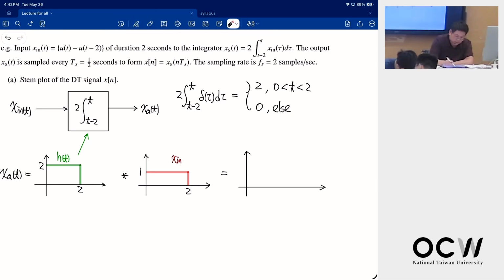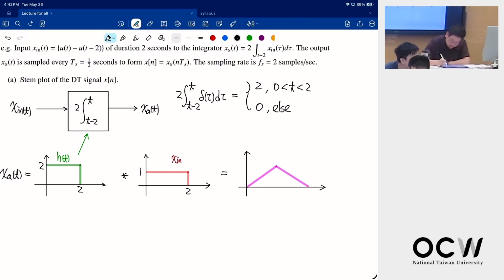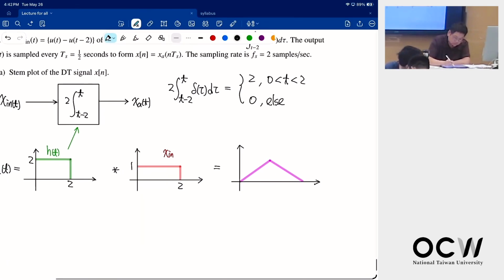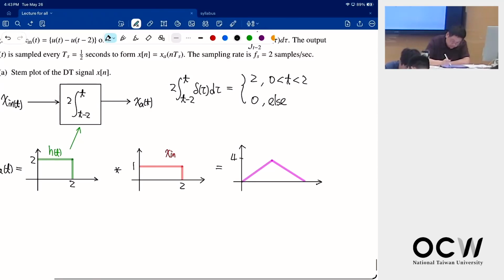If I convolve these two, what do we get? We have the same width, right? So it is not a trapezoid, it will be a triangle. So we will get here is 4, and this is 2, and here's 4.